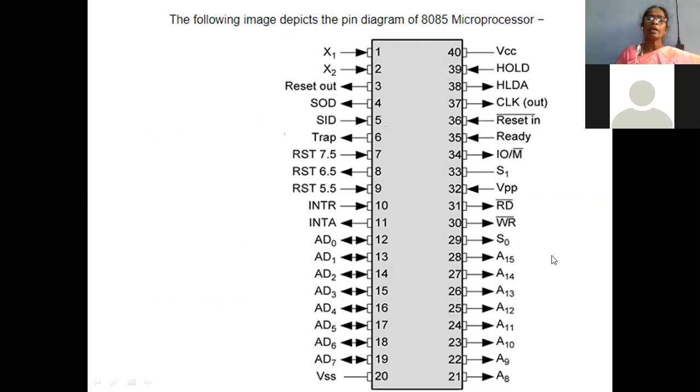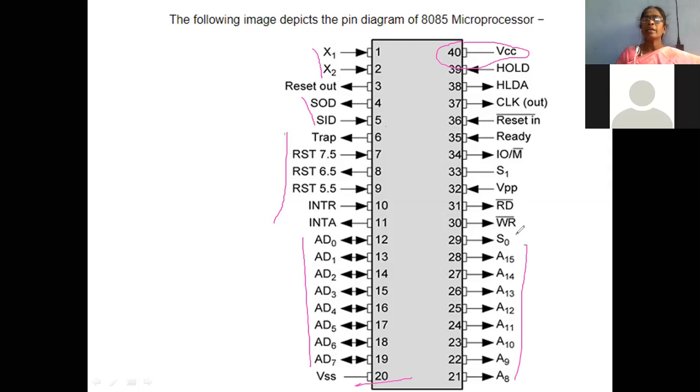Here you can see crystal out, crystal oscillator input, reset in, SID, SOD, and then these are the interrupt signals, and then AD0 to AD7, address and data multiplexed, and A8 to A15, the higher order address lines. And here you can see VCC is the 40th pin and the 20th pin is ground.